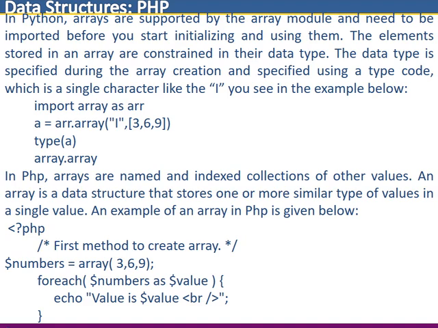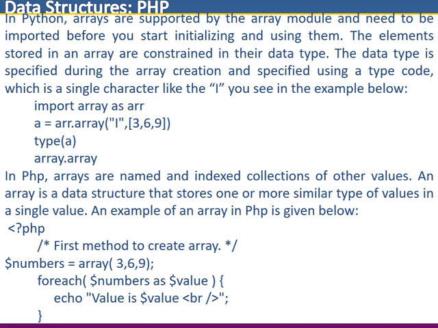So we import the array and look at the type code inside the brackets, array.array. In PHP, arrays are named and indexed collections of other values. An array is a data structure that stores one or more similar types of value in a single value. We can see an example of an array in PHP.